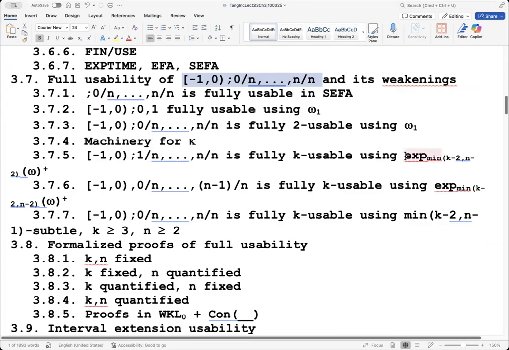For example, here we used Erdős-Radó to argue that we just needed that cardinal. I was careful to do that, and so this is very stable. This hasn't been revisited. Fully K usable is the same as fully two usable all through here, it turns out.